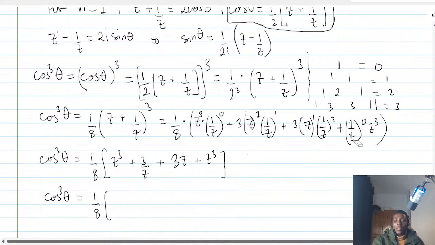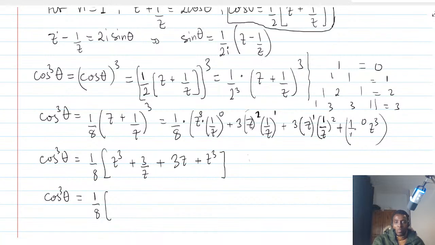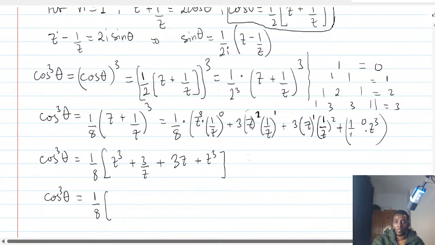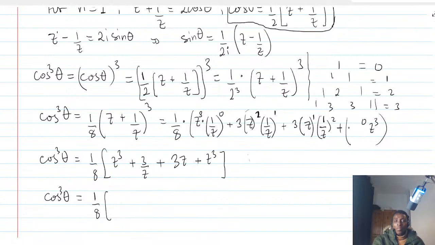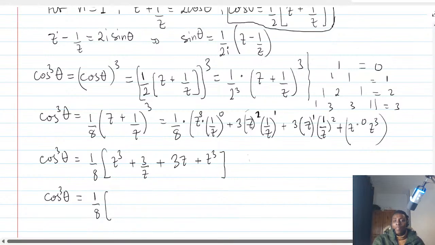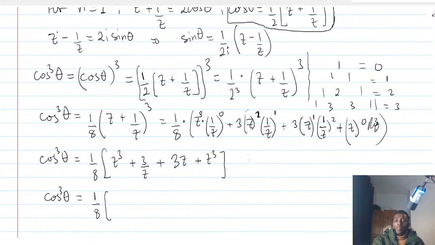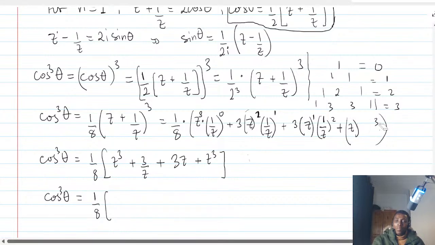Finally, for this one, 0, 1 over z cube.